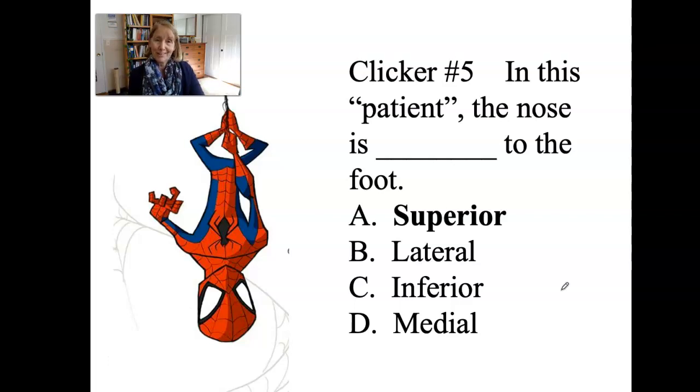Why is it not inferior? Because I don't care what position the patient is in. You have to always refer to the anatomical position, remember, of standing up with your arms supinated. So it doesn't matter what position Spider-Man is in. His nose is still superior to his foot. I hope I didn't trick you.